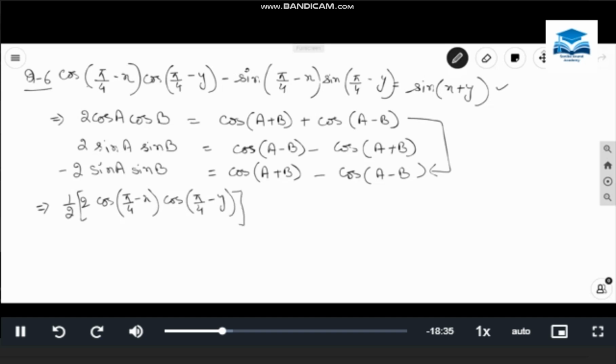Okay. Similarly, 1 by 2 into 2 sine pi by 4 minus x sine pi by 4 minus y. Clear?